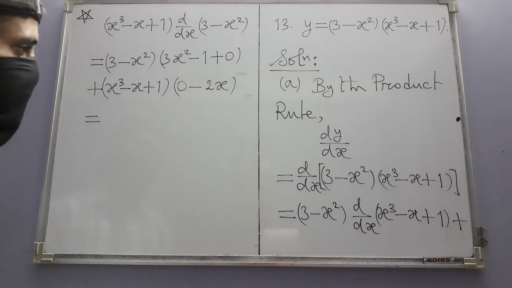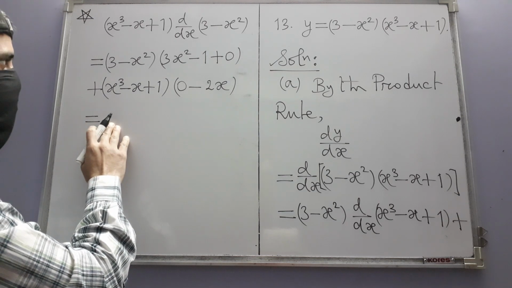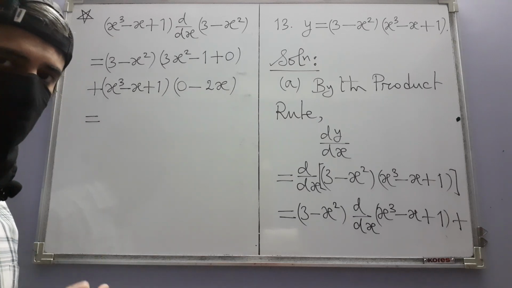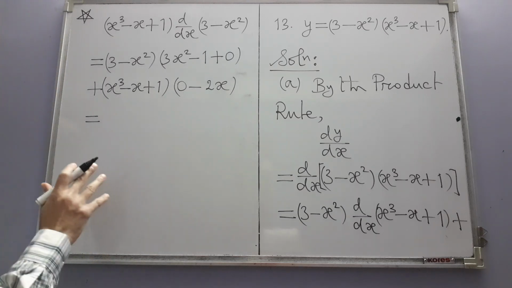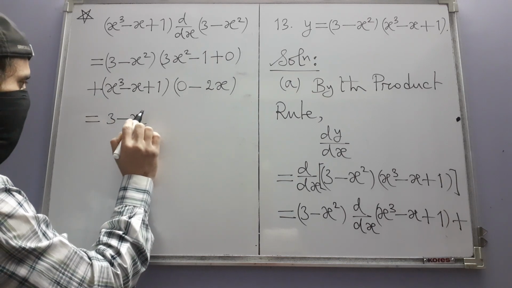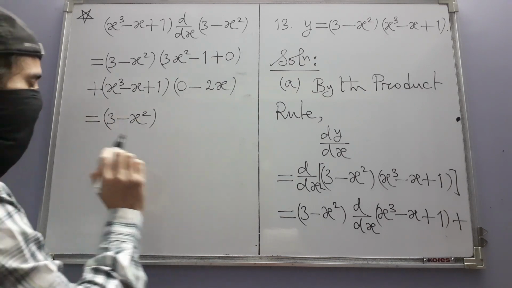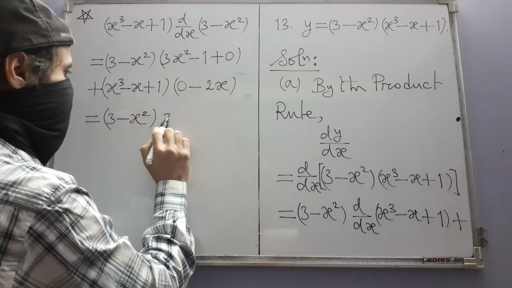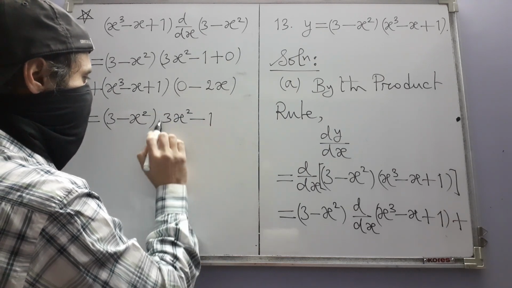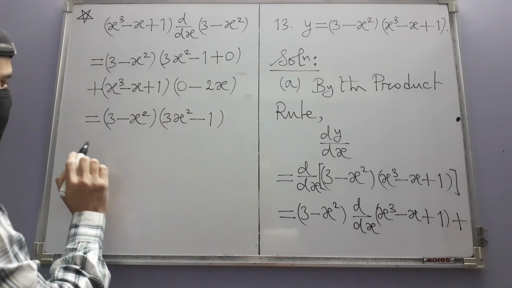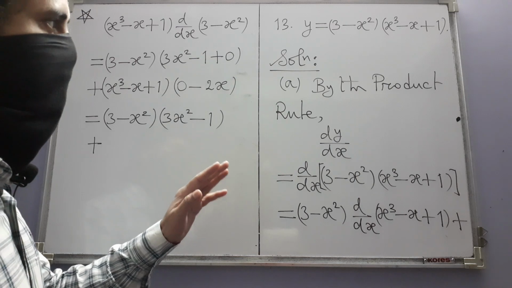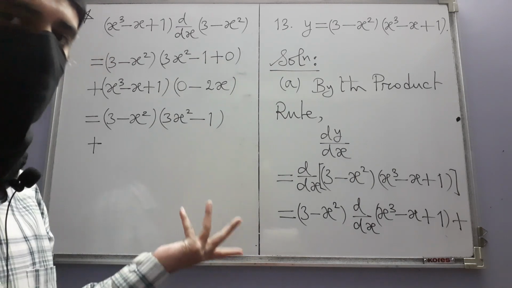Now it's up to you whether you want to multiply things out and then do the usual stuff, or you can keep it like this. I'm going to keep it like this. Okay, I won't multiply, I won't do anything else. We just have been asked to find the derivative, and that's what we did.